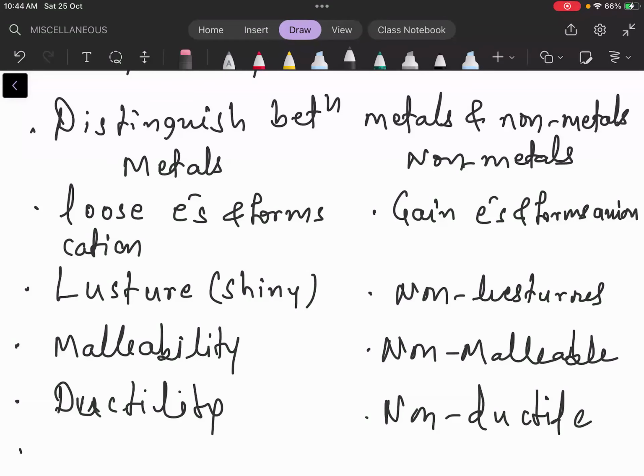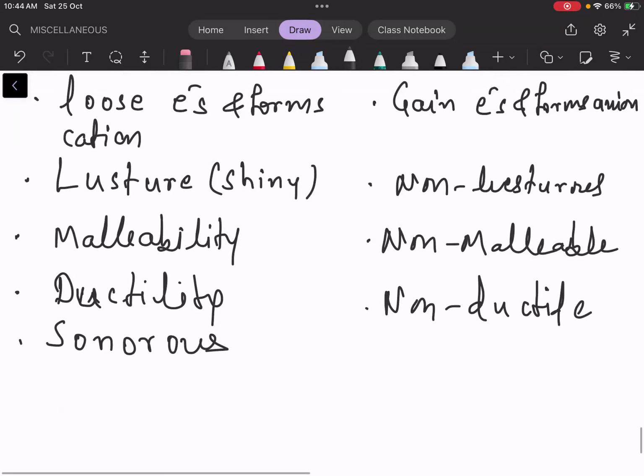And that tendency is called what? Sonority. So, metals are sonorous. That is, they produce a ringing sound. What about non-metals? They are non-sonorous.